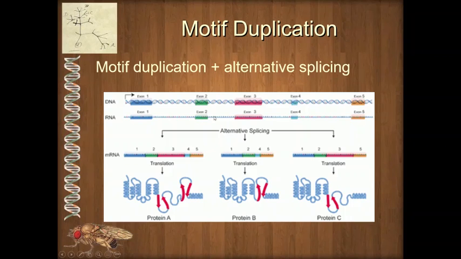Major histocompatibility genes in mammals are one example, where multiple motifs are duplicated and alternative splicing mechanisms can make 3 or 4 or 5 or sometimes dozens of final complete mRNA transcripts from the original gene itself.